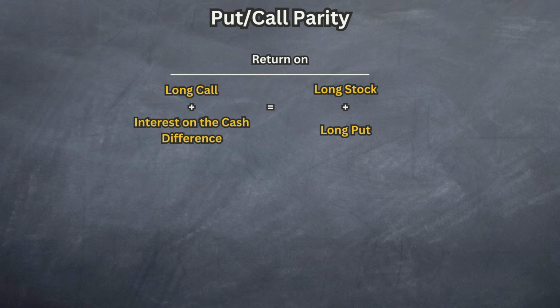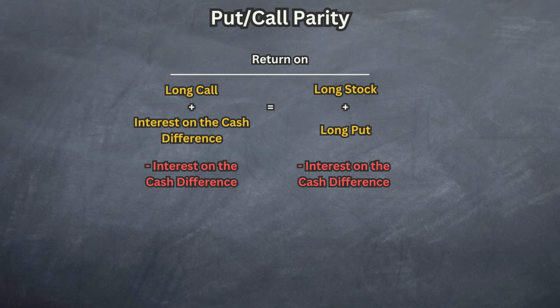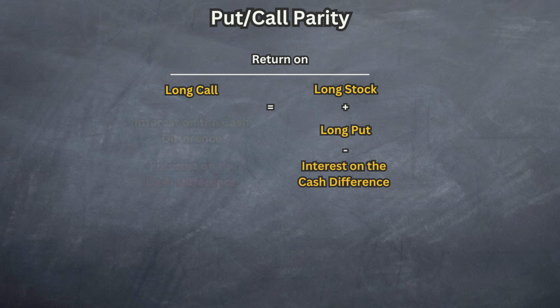First, we have to isolate the value of the call in the put-call parity formula, which would state that the return on the stock plus the return on the put minus the interest on the cash difference should equal the return on the call. So that's the 24-cent dividend on the stock minus the 6-cent time value for the put and minus the 31 cents interest on the cash difference, which comes out to negative 13 cents.